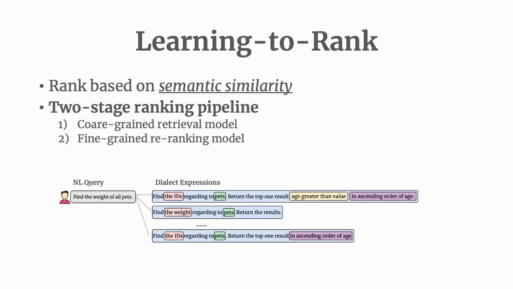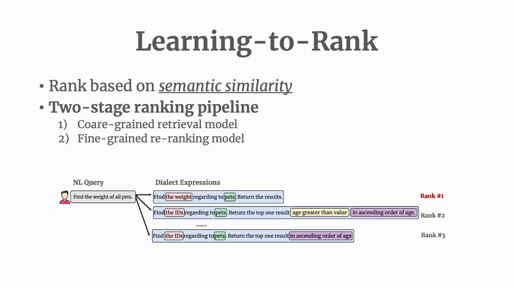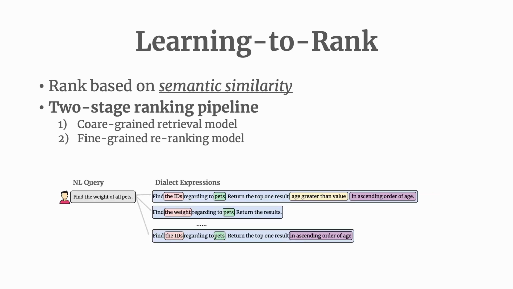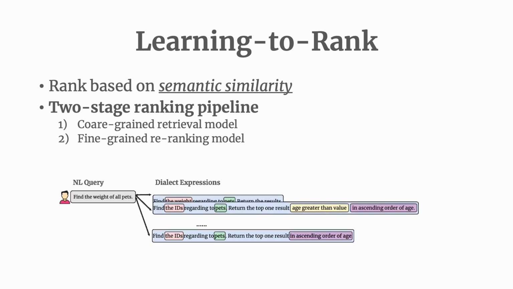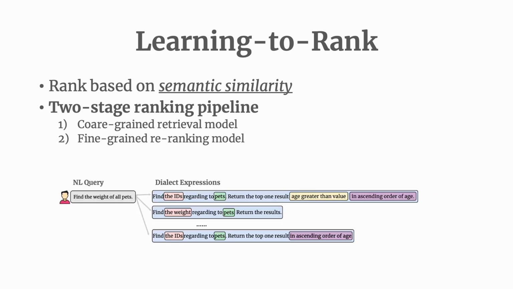For the first stage, we use a coarse-grained retrieval model to quickly filter out most of the irrelevant dialects, and then we use a fine-grained re-ranking model for accurate ranking, and hence get the final result.